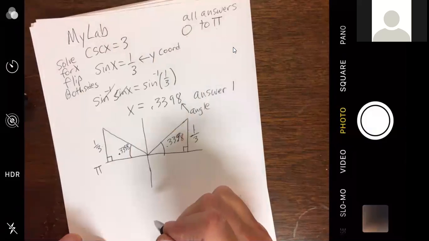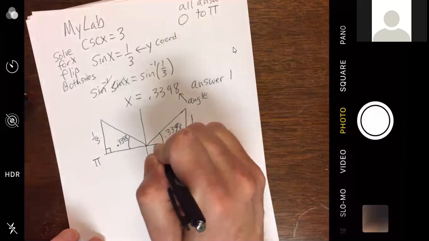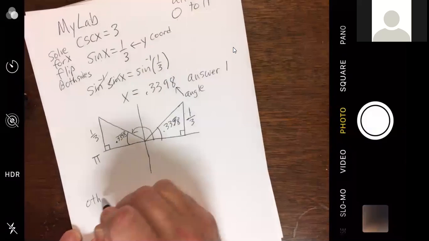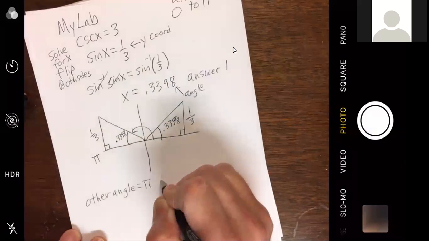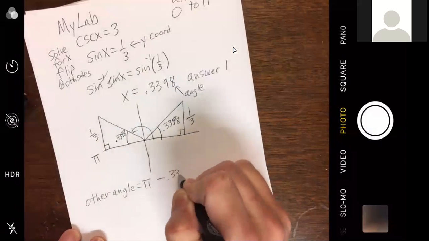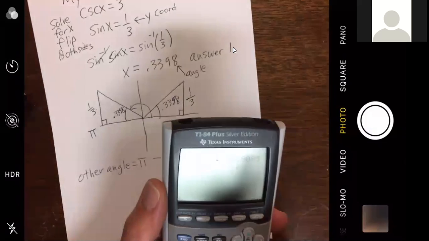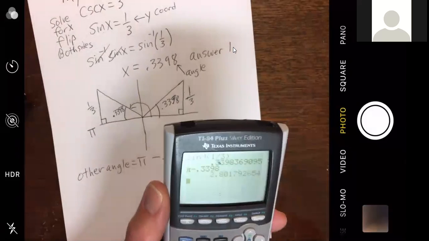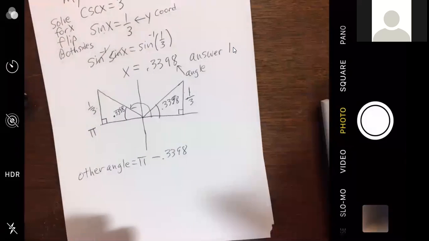So the other angle is measured from 0 around to there. The other angle, I'll just write it down in English, will be pi minus 0.3398. Pi minus 0.3398 is 2.8018.